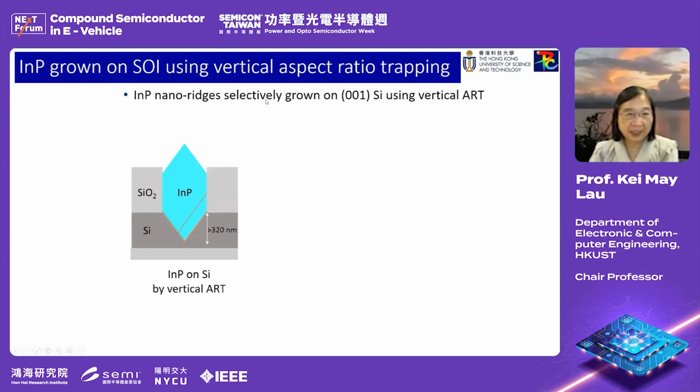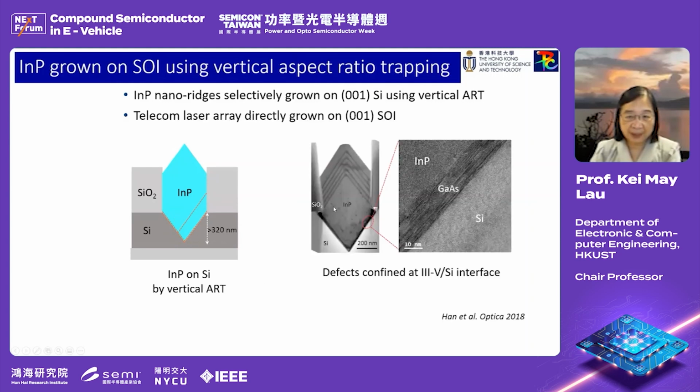And these are the nano-ridges selectively grown on the 001 silicon using the vertical ART. And then we insert an indium gallium arsenide quantum well into this indium phosphide. And then you can see that the defect goes through a very thin layer of gallium arsenide and then goes to indium phosphide.